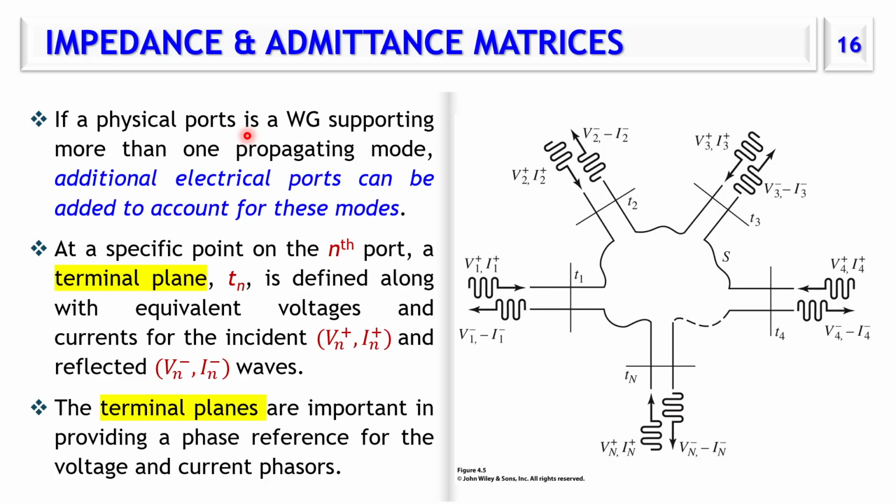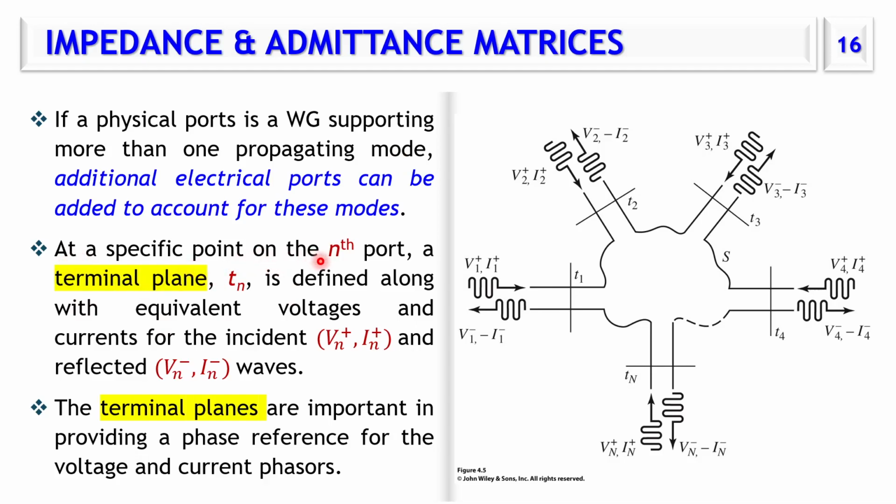In this case, this one physical port needs to be represented by 2 or 3 ports, depending on the number of modes propagating on this physical port. So if we have a single rectangular waveguide port that's carrying 2 modes in the network, we need to represent this with 2 logical ports or 2 electrical ports. So this note here is important.